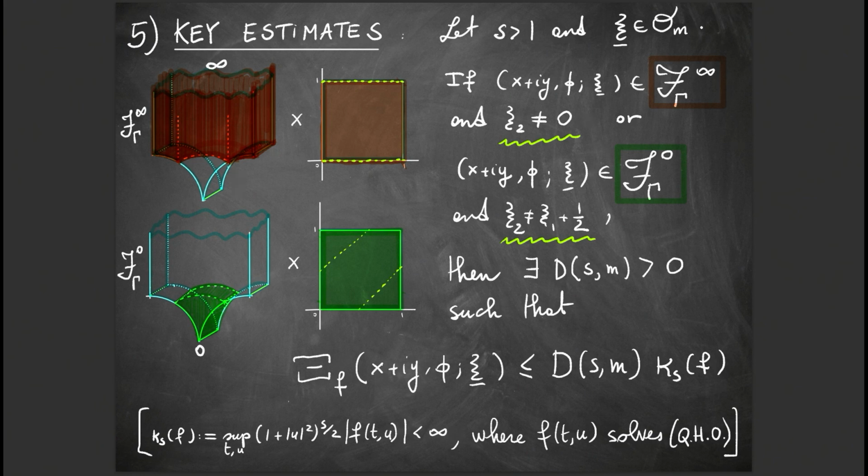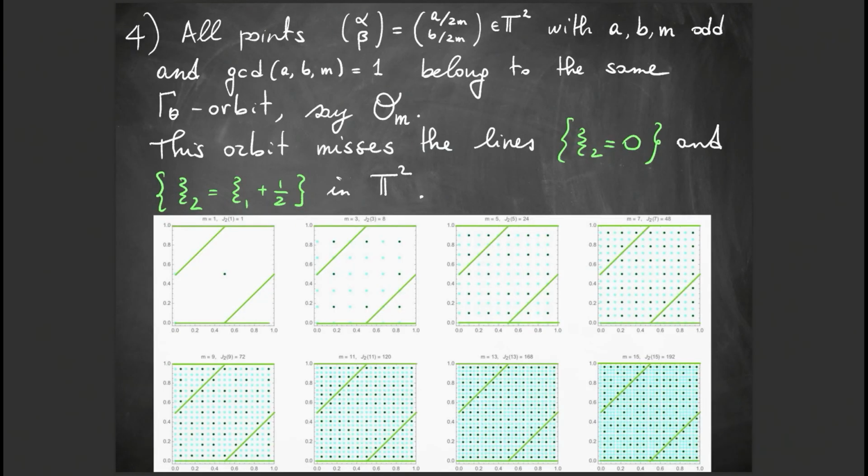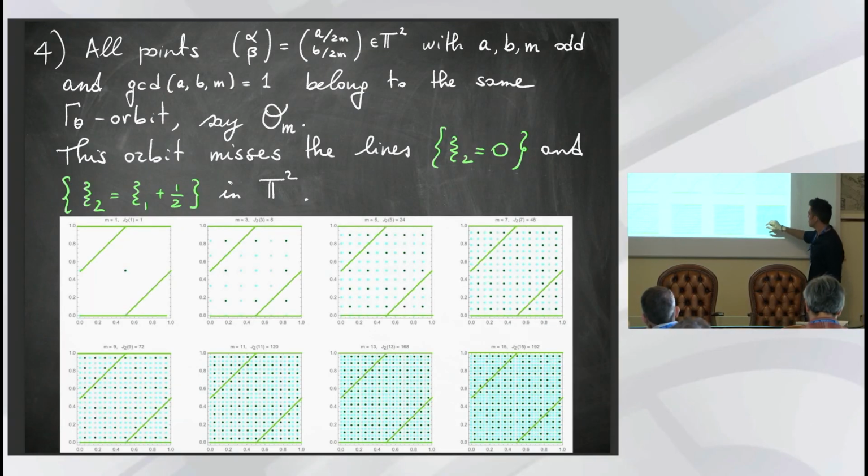So there is some condition here. S was some arbitrary number bigger than 1. If you assume your f's to be Schwartz, you have freedom to choose your s. If f is less regular, then you don't have so much freedom to choose s. And then you have a constant here. And this constant, if you think about this picture, somehow picks up how far are you from touching these lines. So for example, in this particular case, you're very close to the line where there will be actually growth.